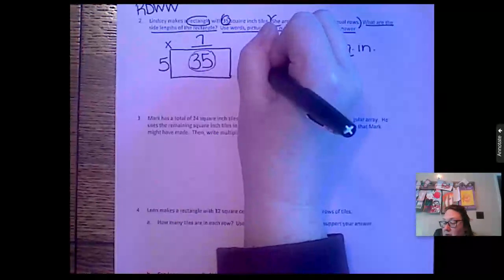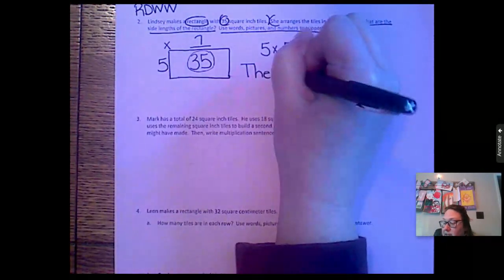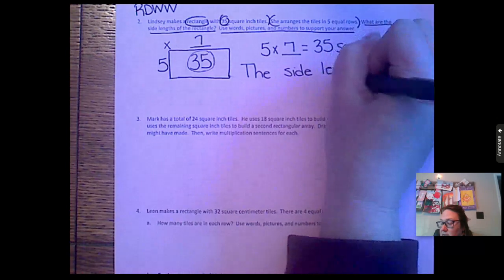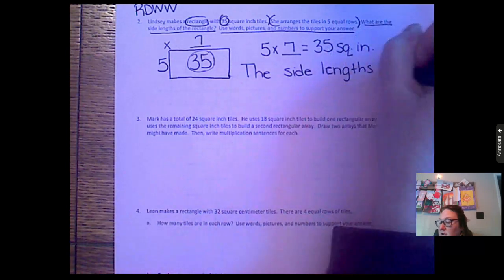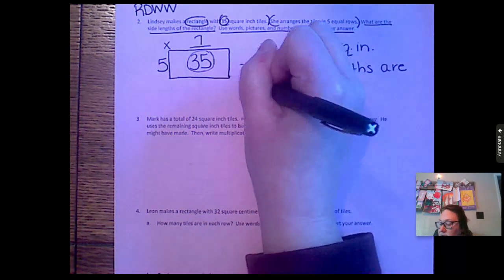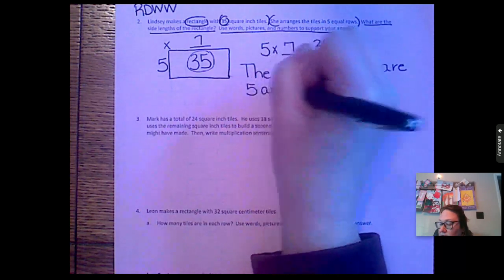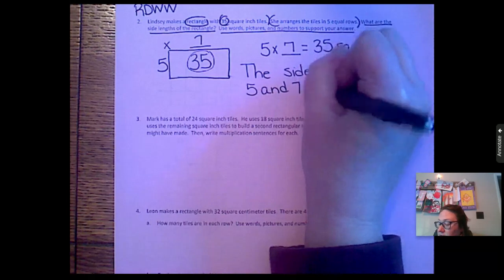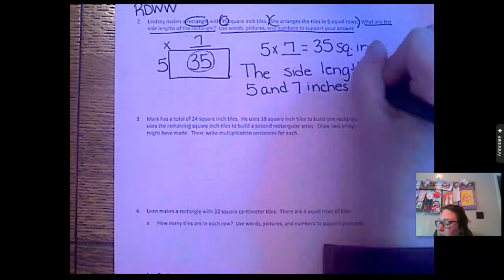So let's see here. What do I need to say? What are the side lengths of the rectangle? Okay, so the side lengths are 5 and 7. And we could say 5 and 7 inches because that's what we're dealing with, right?